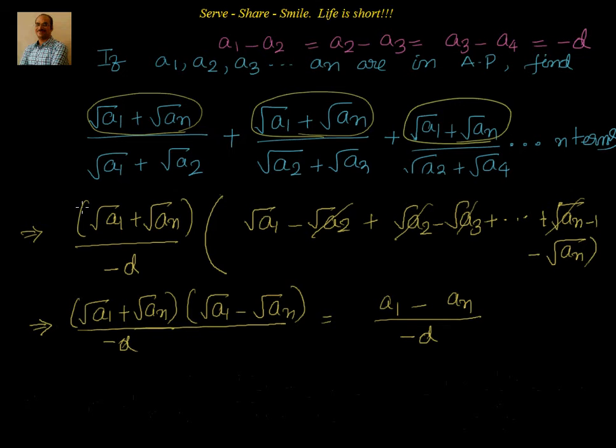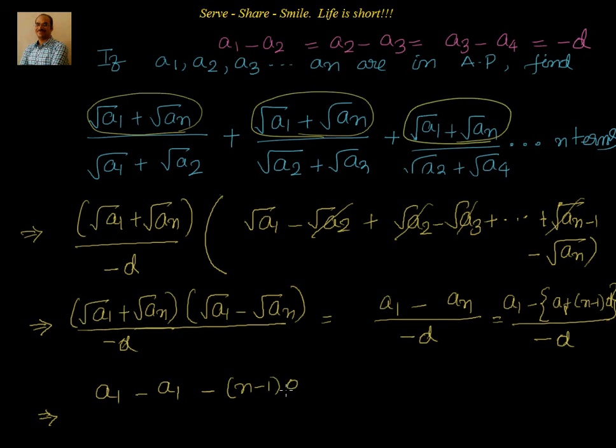So let's go to the next step. We know that an equals a plus n minus 1 into d. So I can write a1 minus (a1 plus n minus 1 into d), close the bracket, and divide by minus d. We'll open it up. We'll have a1 minus a1 minus n minus 1 into d, divided by minus d.